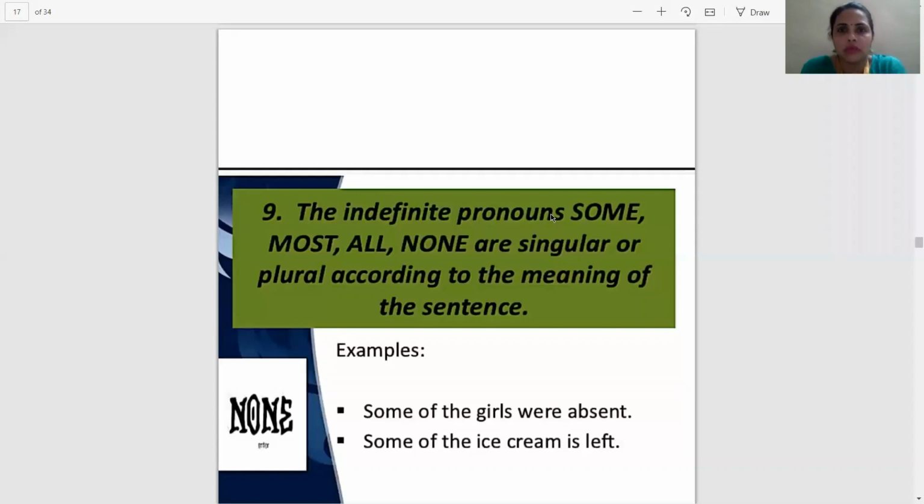Ice cream is not counted, but the girls can be counted. So with countable nouns, if we use some, most, all, none, they become plural. And if we use uncountable nouns like water, oil, rice, ice cream with these words, they become singular.